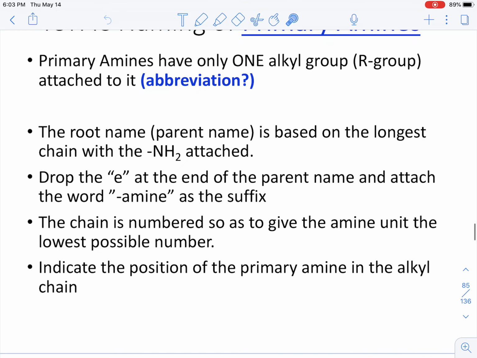And so if amine is your primary functional group in that organic compound, we're going to number the chain to give amine the lowest possible number. So in other words, our amine functional group gets priority. We want to have the lowest possible carbon number that's closest to the amine.